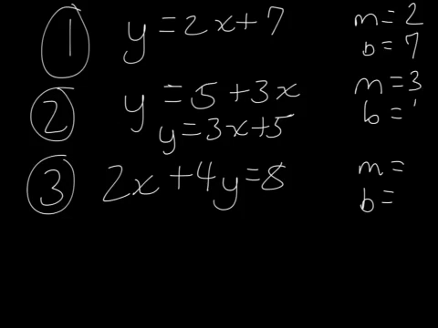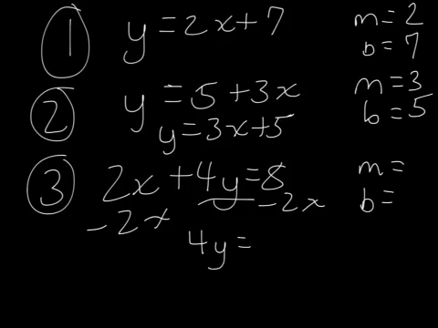Our third equation is a little bit trickier because it isn't in slope-intercept form, so we're going to have to isolate this y. We start by subtracting 2x from both sides, leaving us with 4y = -2x + 8.